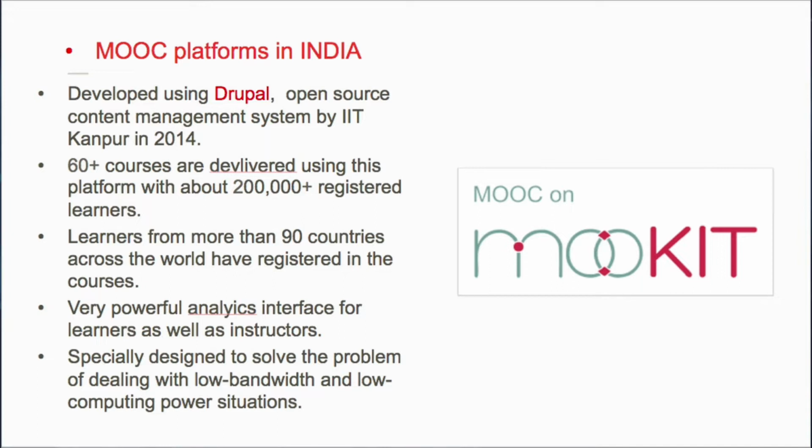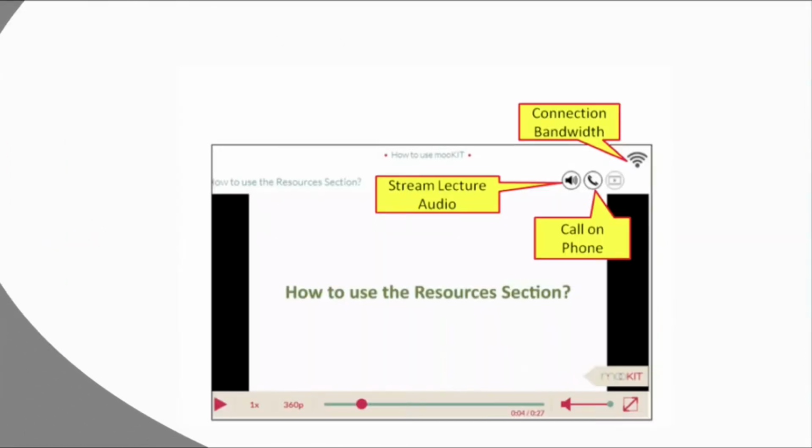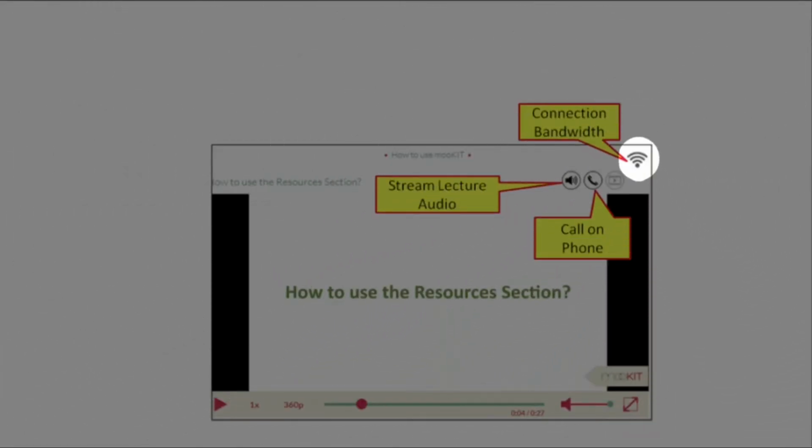To solve this problem, MOOC Kit provides an indicator that shows the current bandwidth of the connection, similar to the bars on a mobile phone. It gives a visual indication of a bad connection to the learners and they can use other content delivery options that MOOC Kit provides.